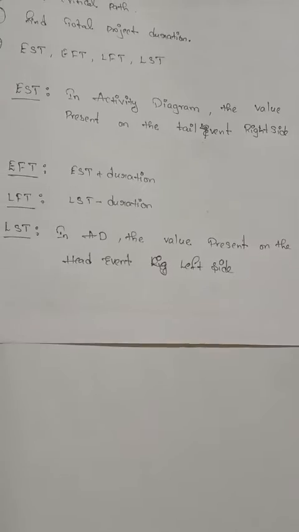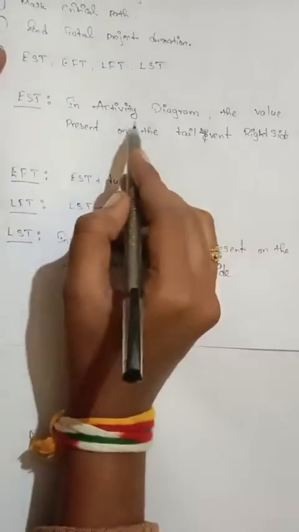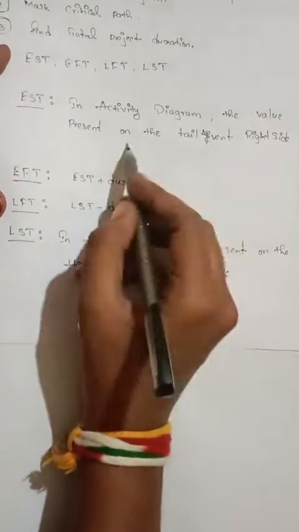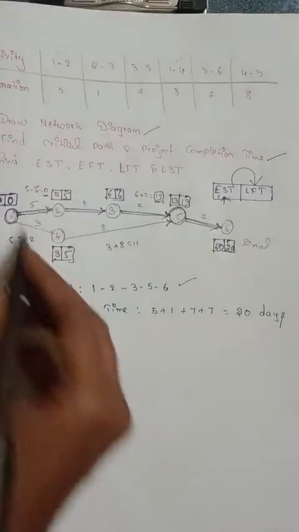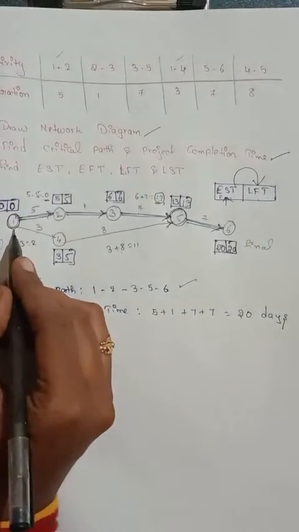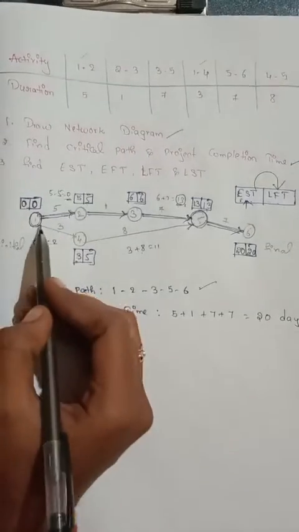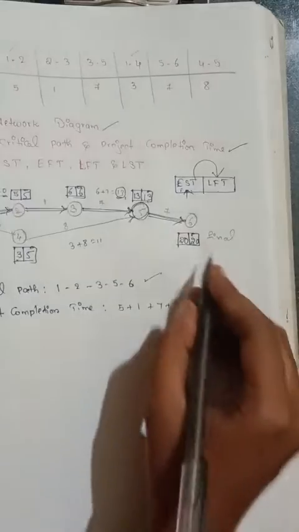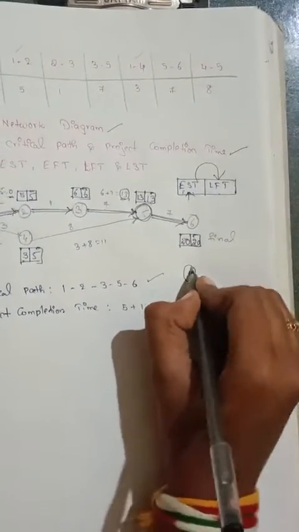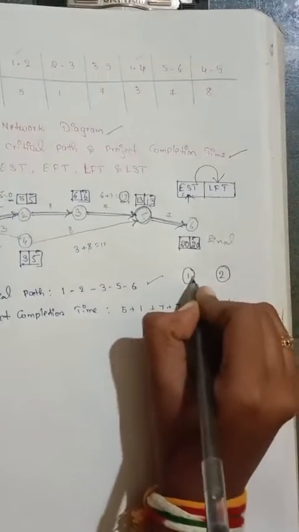So let us see here, in my previous question I already explained that. See, EST means, in the activity diagram, the value present on the tail event right side. So here this is the activity guys, one is the activity. Here you need to know the two values, just take this 1 and here it is a 2.